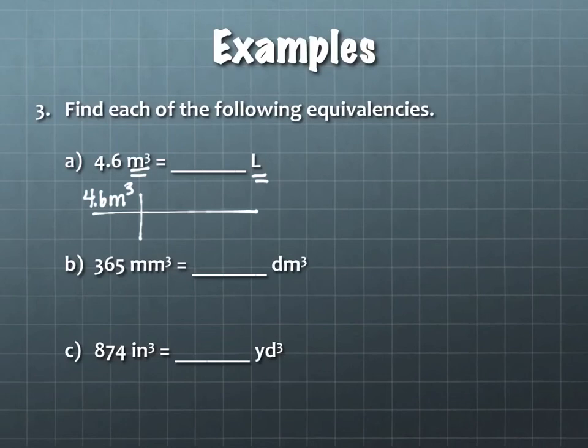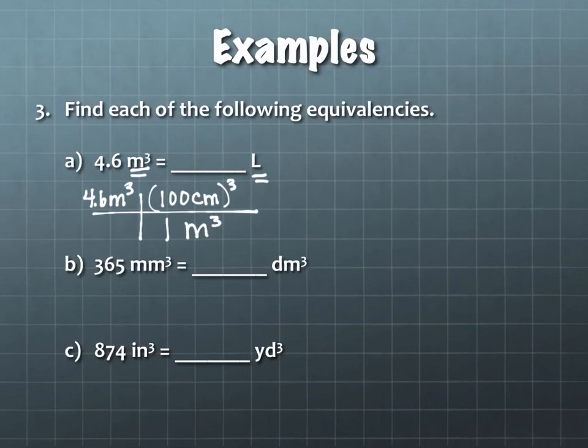What's the relationship between 1 meter and centimeters? 1 meter is 100 centimeters, right. So I need the meters on bottom for them to cancel. And this is 1 meter cubed. So I need 100 centimeters, but I need that to be cubed.